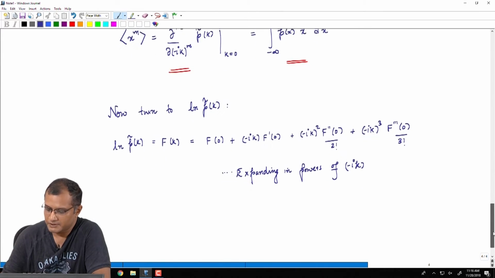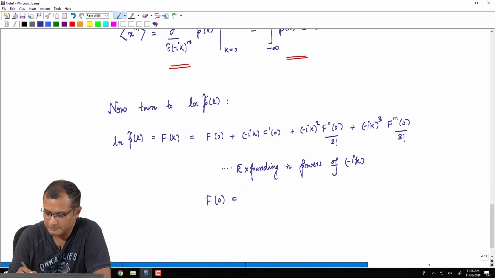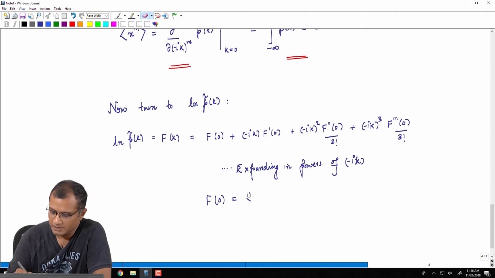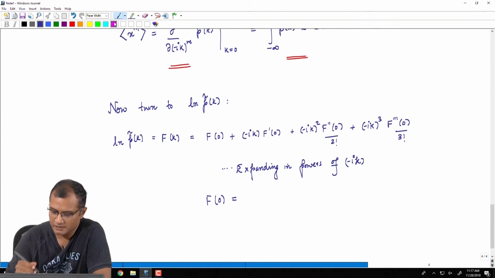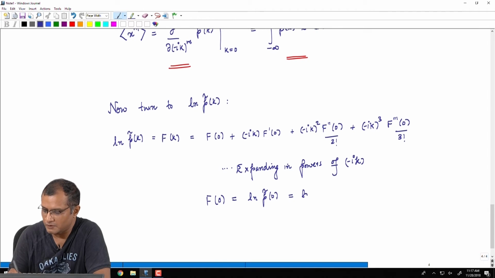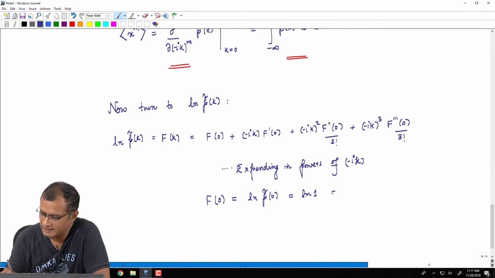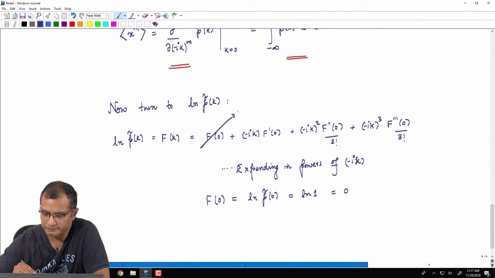And then if I ask you to associate these coefficients of the expansion, f of 0 is basically ln of p of 0, which is nothing but ln of 1, because p of 0 is 1, and that is nothing but 0. So, the leading term is 0.